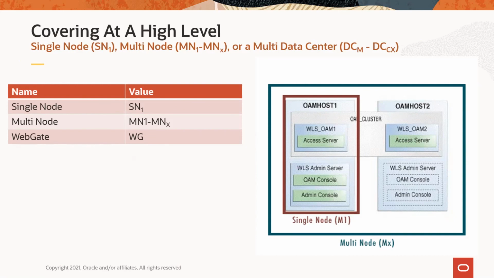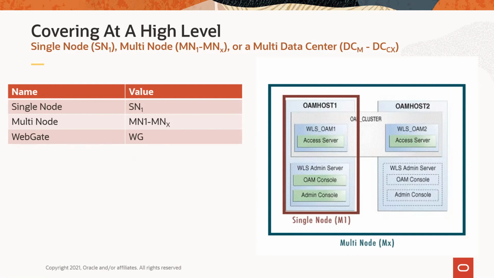Think of it as upgrading multiple single node environments. The other is the multi-data center environment, which consists of a master data center and a clone data center, which consists of WebLogic OAM clusters consisting of one or more OAM single nodes.